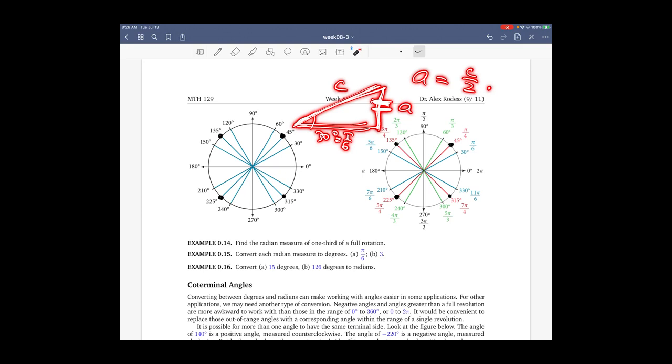If A is a leg opposite an angle measuring 30 degrees or pi over 6 radians, then the leg A is half the hypotenuse C in the same triangle.